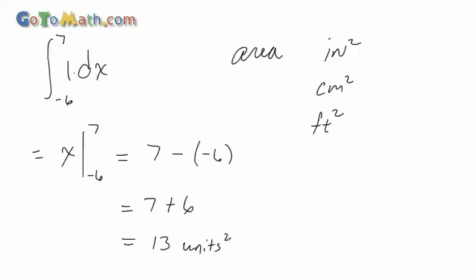However, I'm just going to go ahead and leave this part off. So understand that it is area, and it normally has units, and if it does have units, then we put those units squared on the end. But I'm just going to be leaving that off, okay? So it'll be assumed on all these problems that it's units squared. Well, anyway, we get 13.